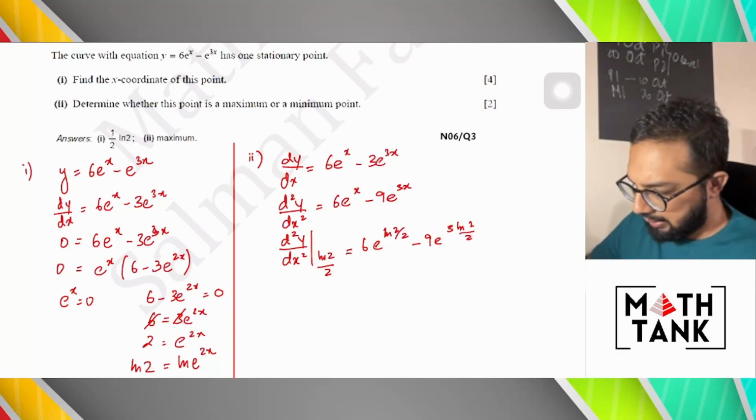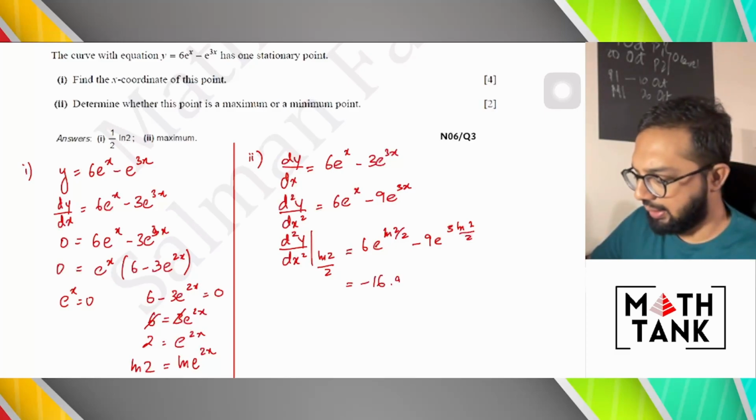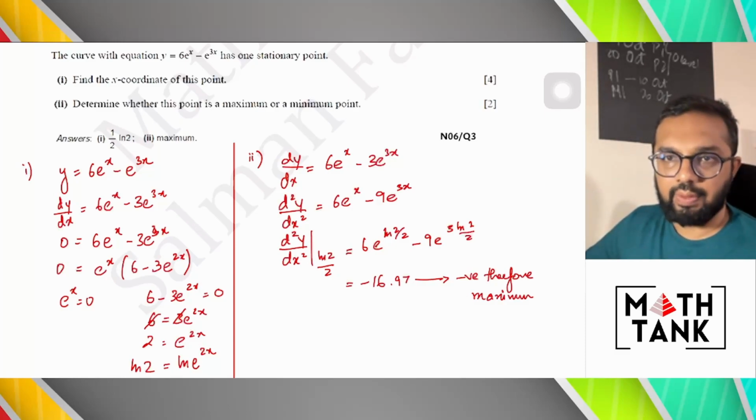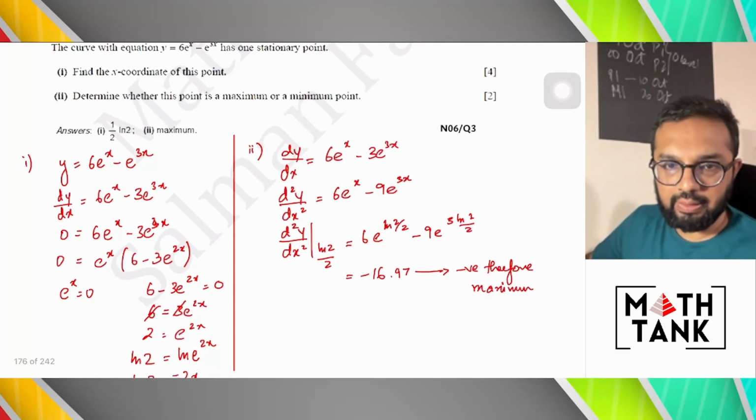This gives me minus 16.97, negative, therefore maximum. The double differential is negative, therefore the value is a maximum.